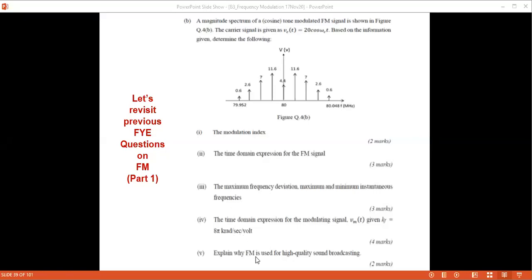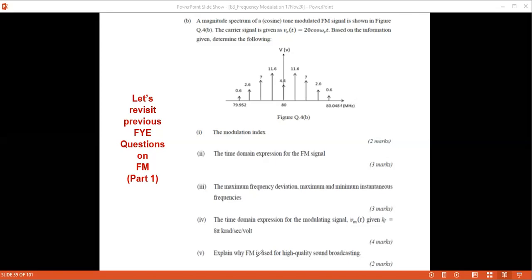Next, why is FM used for high quality sound broadcasting? We know that the main advantage of FM over AM is superiority to noise. And apart from that, since the deviation for FM is quite large, it can actually modulate large bandwidth signals compared to AM.